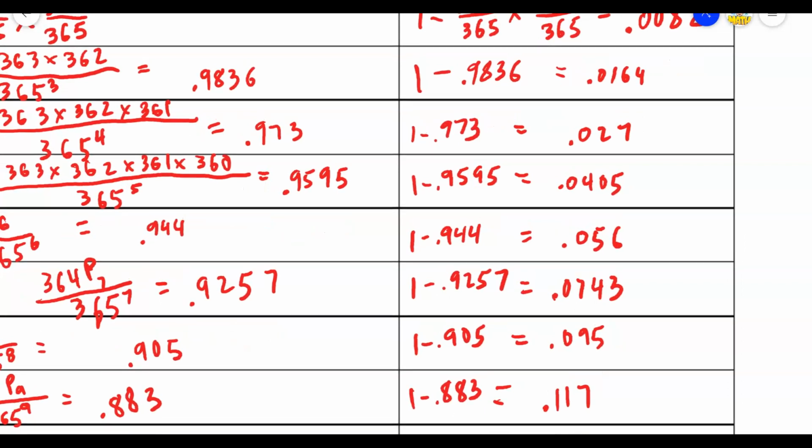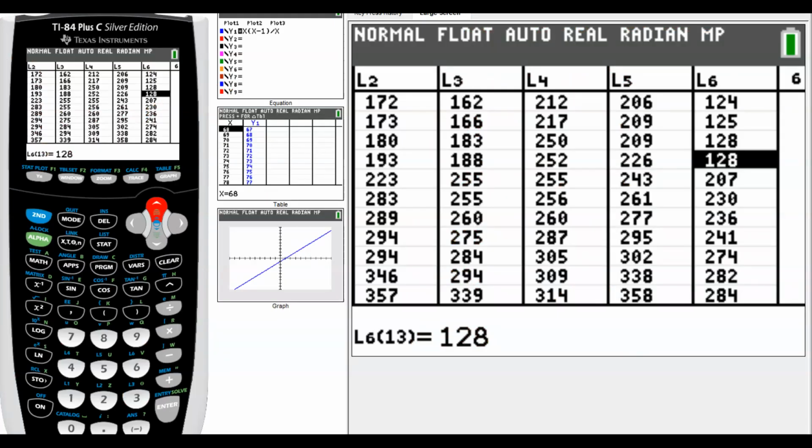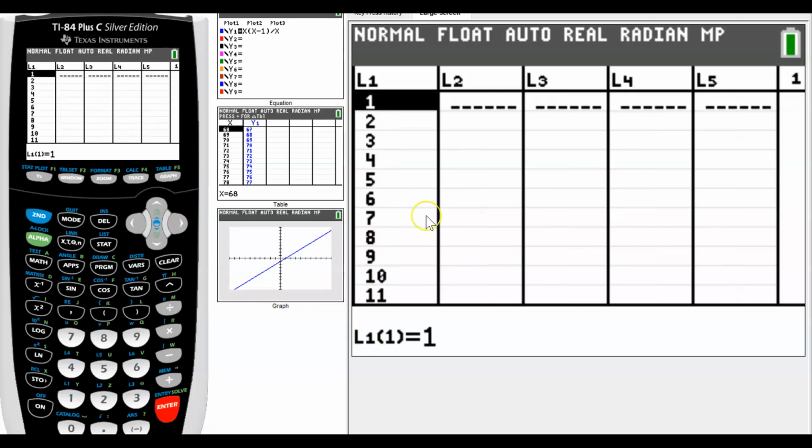Okay, so let's jump to the calculator then and see if I can use my calculator to get to the bottom of this. Without boring you with the details of creating a sequence on your calculator, I've done it. And what I did was I filled list 1 with the numbers 1 through 50. Nothing fancy there. So let's take a look at my formula for what was happening for those probabilities. What was populating L2 was a permutation divided by 365 to a particular power.